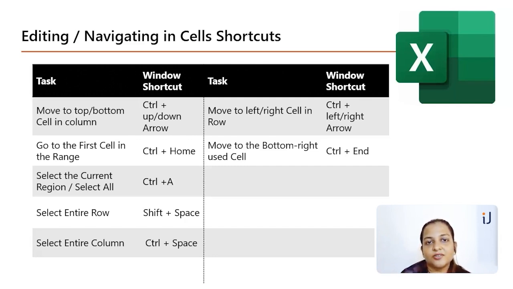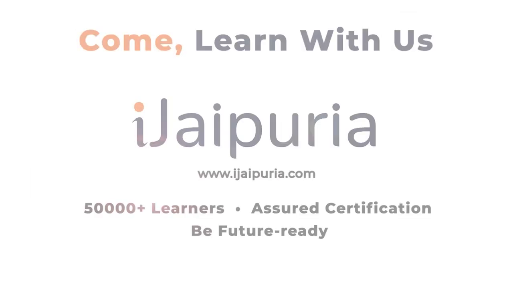Now this is basically where you want to select your row or your column. And you also have other options like moving to the end of the selection or moving to the end of the table by using Control N or Control Home when you want to come to the beginning of the table or the range.